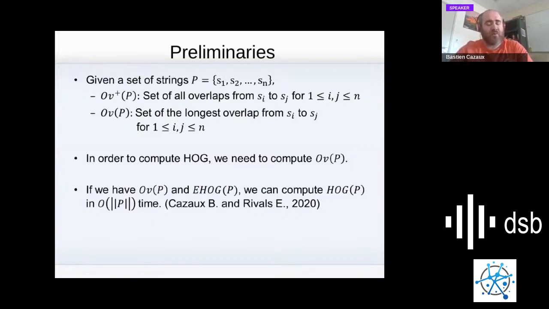Because if we know which nodes of the extended hierarchical overlap graph, the EOG of P, are in O of P, we can compute the HOG in linear time. Okay.